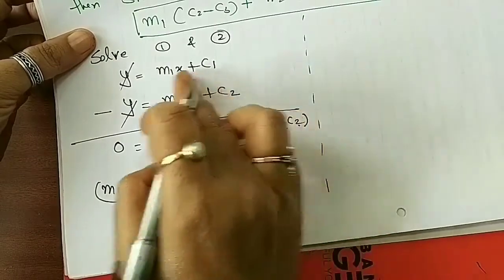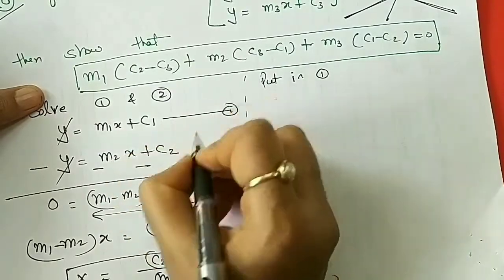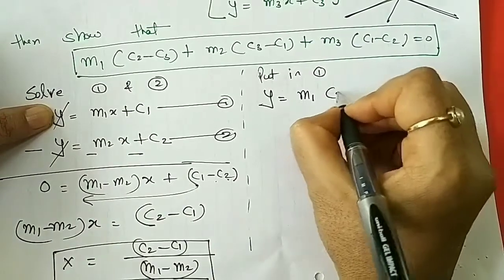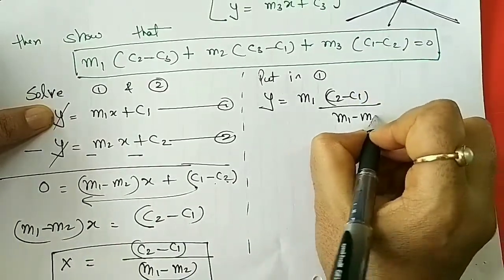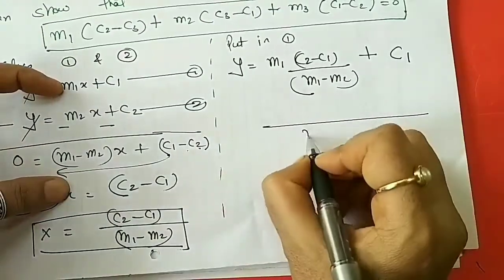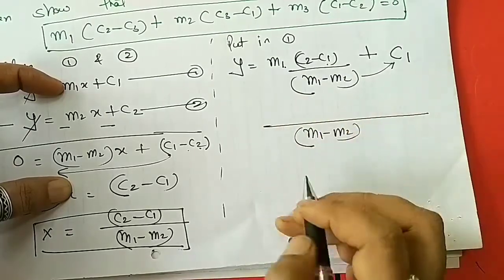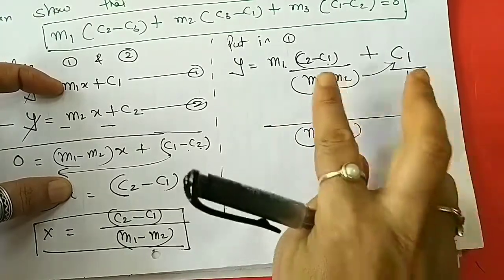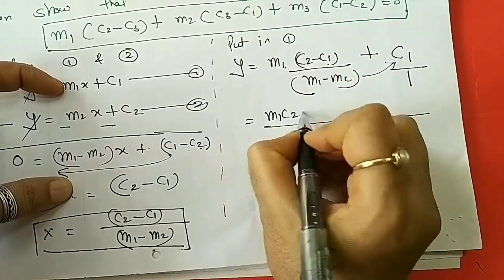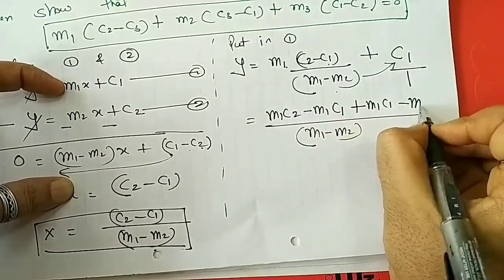This is the x value. Now I will put this x in the first equation to get y. This is my 1 and this is my 2. So in this, y is equal to m1 x, and what is x? (c2 minus c1) by (m1 minus m2), plus c1. So my LCM will be m1 minus m2. This into this, and this will be multiplied here. So this into this will be m1 c2 minus m1 c1, plus this into this, m1 c1 minus m2 c1.